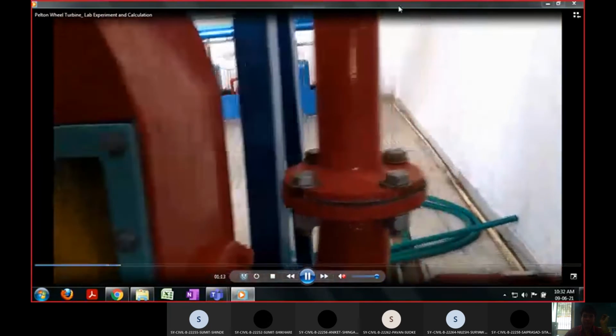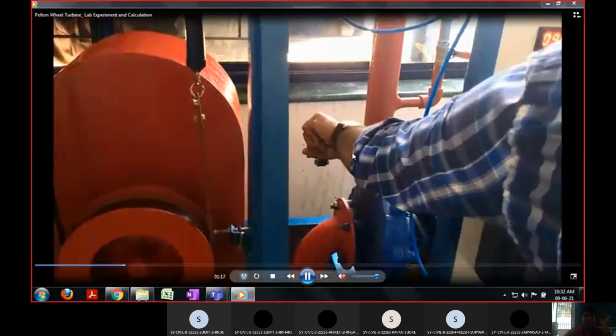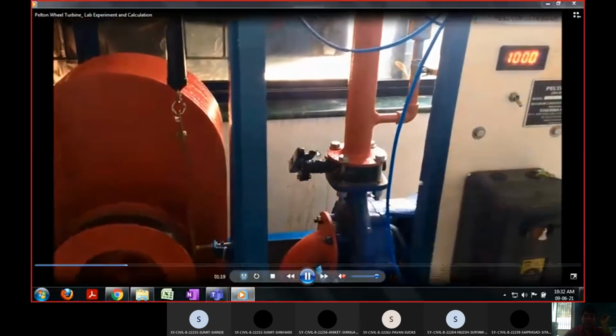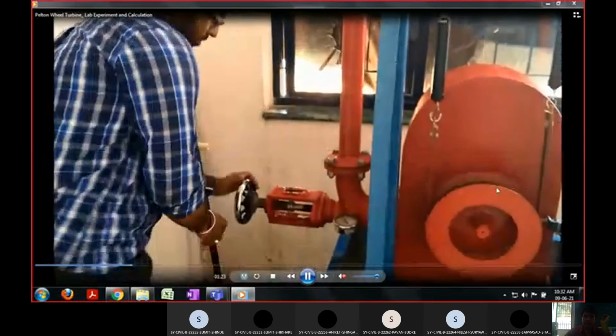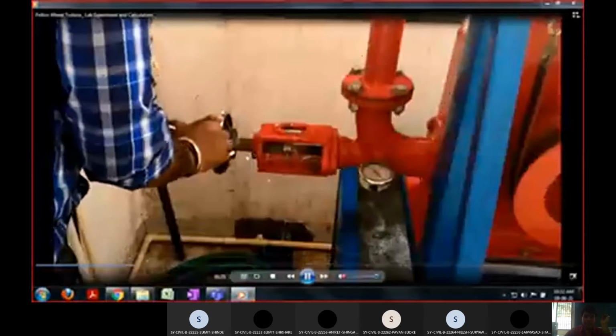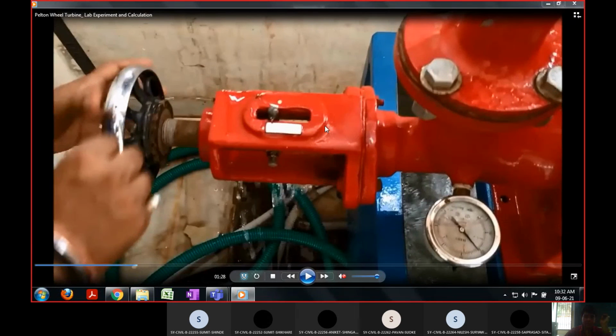Now this pipe is coming from the dam. With the help of this valve we can maintain a constant discharge coming from the dam. With the help of this spear rod and wheel arrangement, we have to increase or decrease the discharge at the inlet of the turbine.